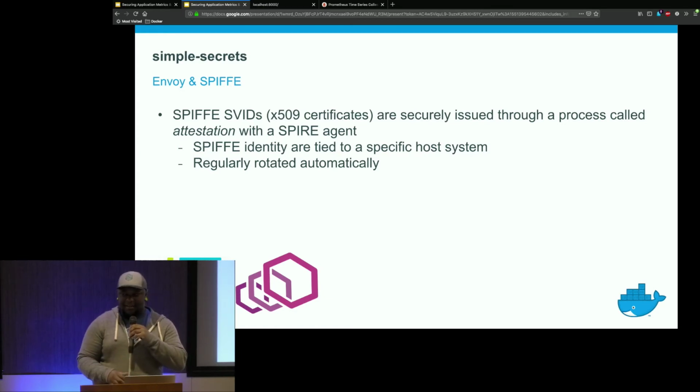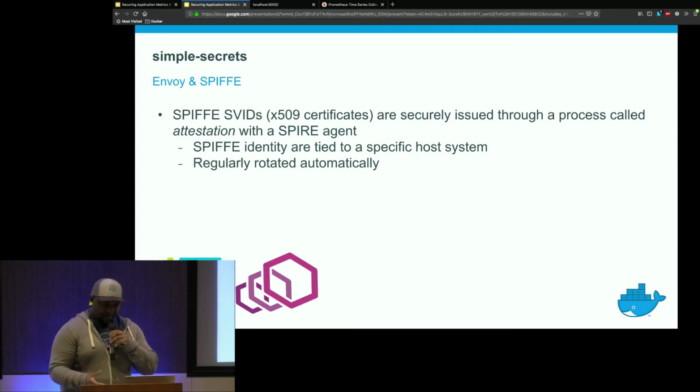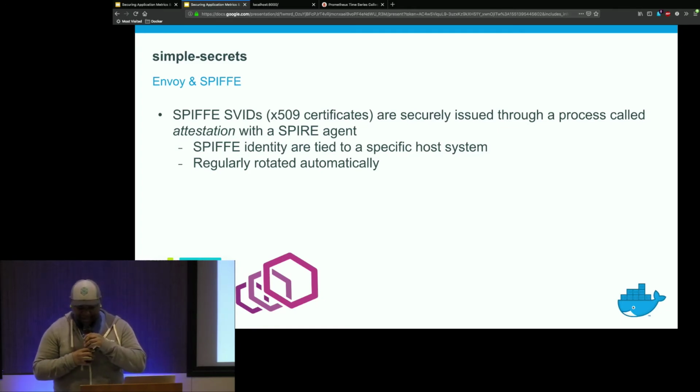Application identity is kind of a new field of engineering because as applications are becoming a lot more ephemeral, as we're moving to platforms like Kubernetes and Swarm and things like that, host ID, IP addresses aren't useful anymore.